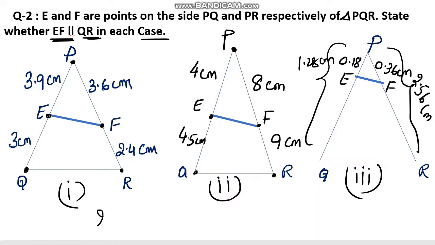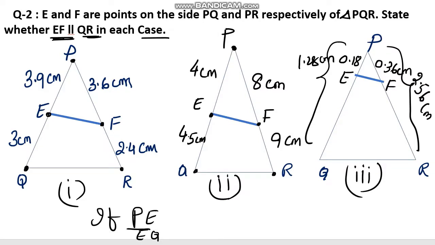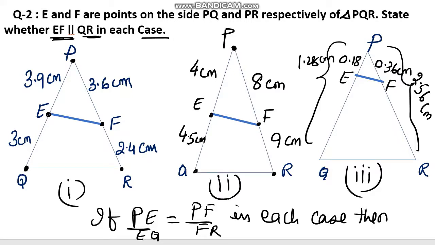If PE by EQ will be equal to PF by FR in each case, then we can say that QR is parallel to EF, or EF is parallel to QR. Okay, so what we have to do? We have to first find out PE by EQ and then we have to find out PF by FR in all the three cases.